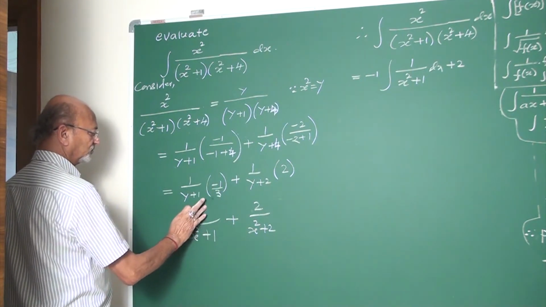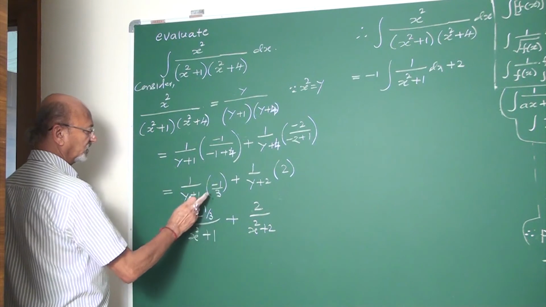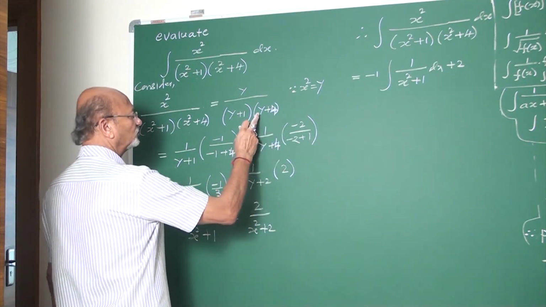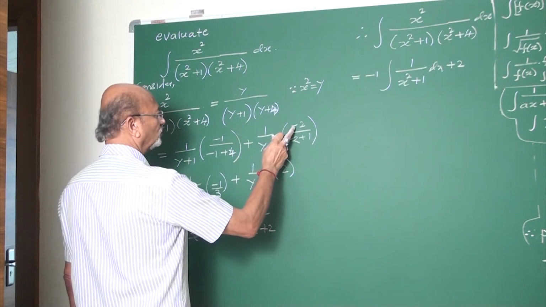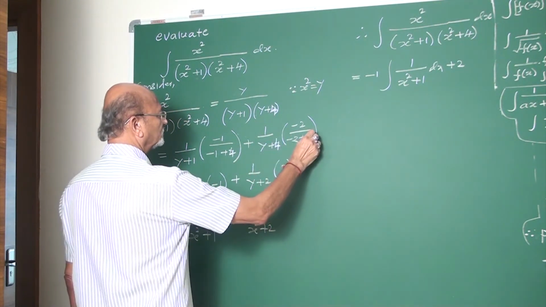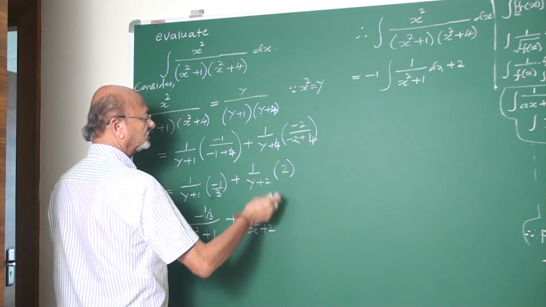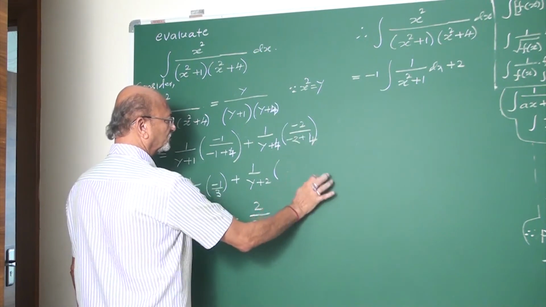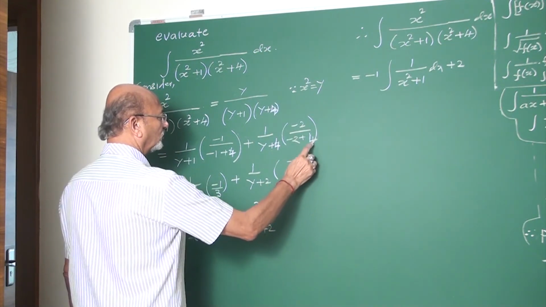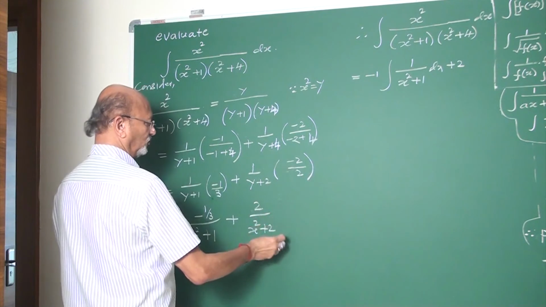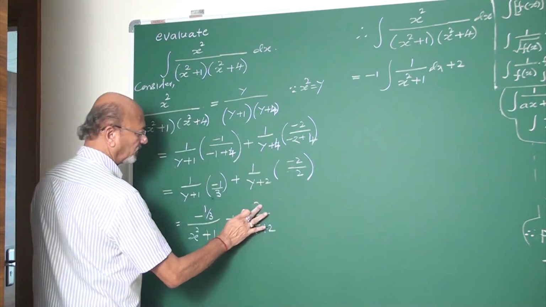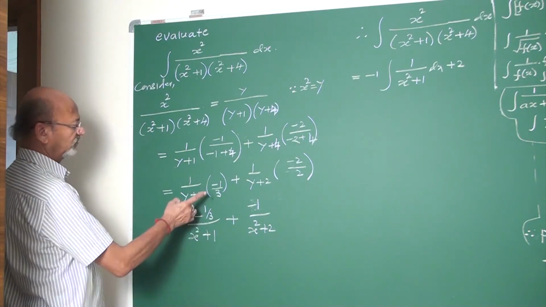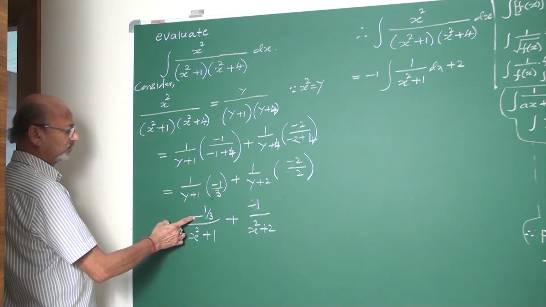This is minus 1 upon 3. This plus, y is minus 2. This is 4. Then this becomes minus 2 upon plus 2, which is minus 1. Yes, my friend. It is minus 1 by 3.